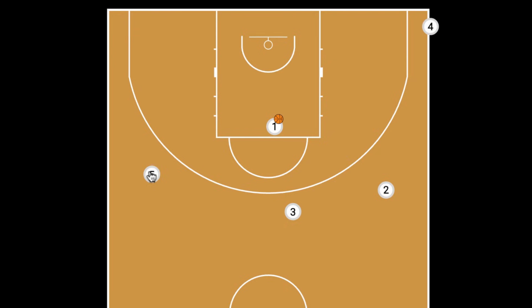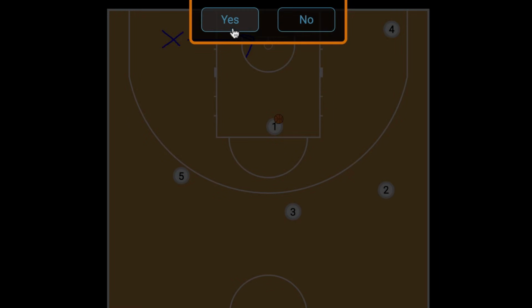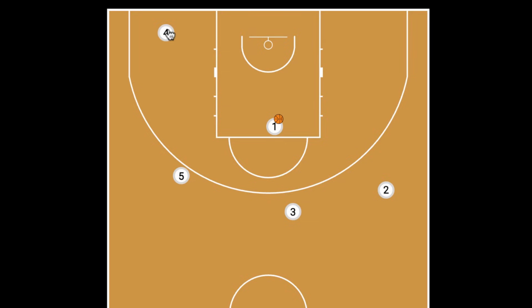If number 4 was back here, number 5 was over here, right, and you wanted to have a defender move in to fill the gap a little bit on a help, you can't really do that anymore because number 5 is now cutting up top and they're going to be a threat potentially for a 3-point shot. So again, it's that wheel style of basketball. It's a very interesting style of basketball. It's a wheel, but everybody is consistently moving.